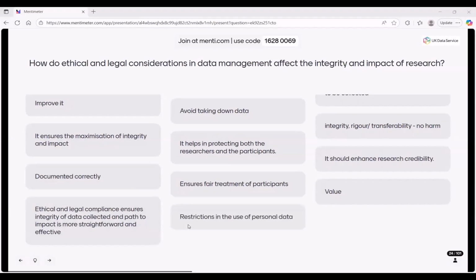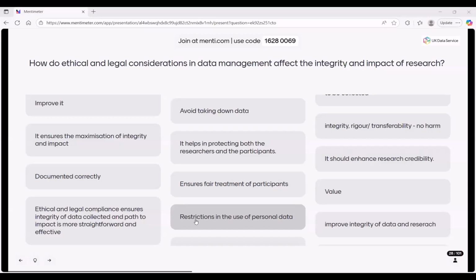Yeah, if your research involves people, you need to handle their personal data carefully, for example, anonymizing or gaining consent. This protects privacy and avoids harm. And being clear about how data was collected and managed builds trust in your research, and making data openly available whenever it is possible allows others to check your work, build on it, and avoid duplication.